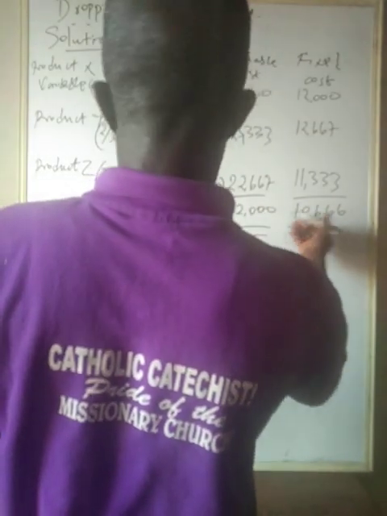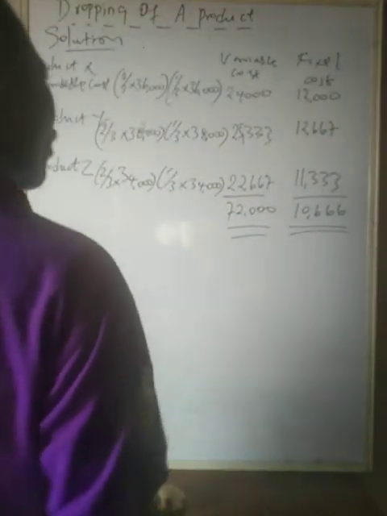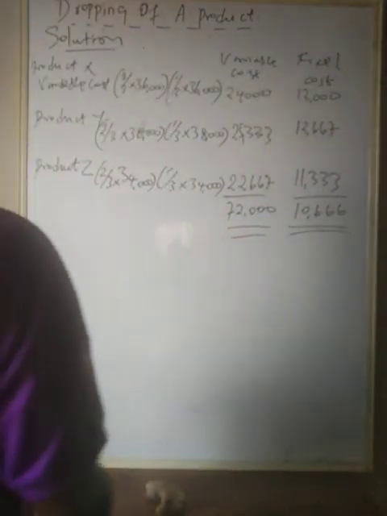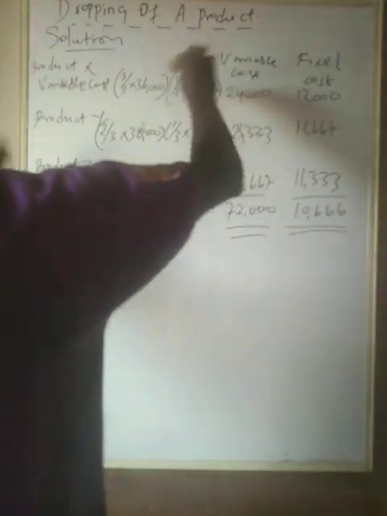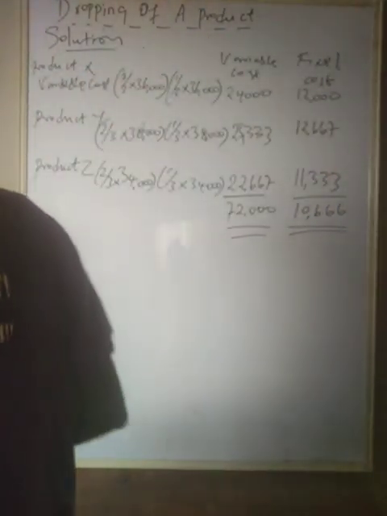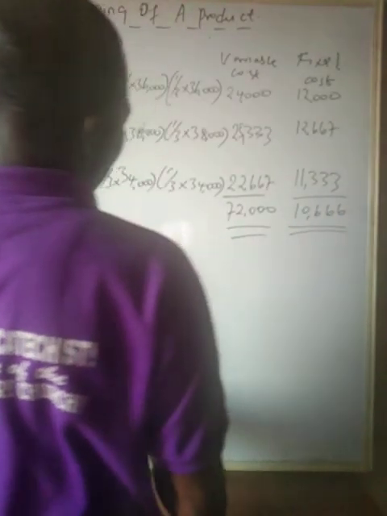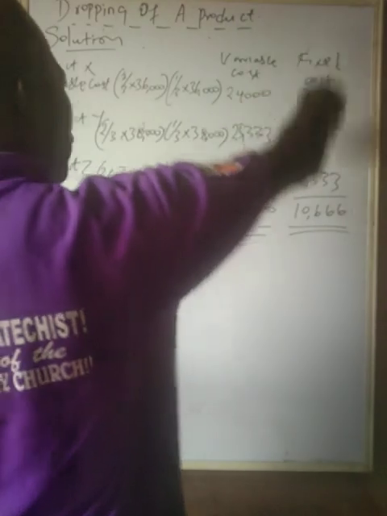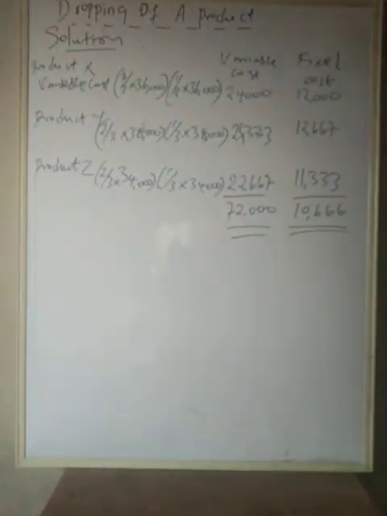If you add this together, it's going to give us 108,000. So, for us to determine whether to drop product X or not, this is just a preamble. The solution now, I just want to analyze this into variable and fixed element. So I rub this off.